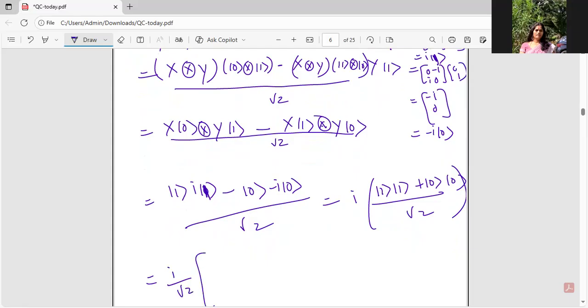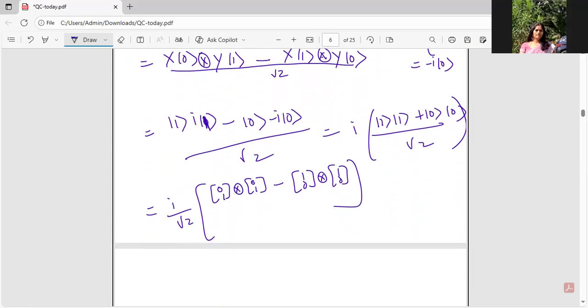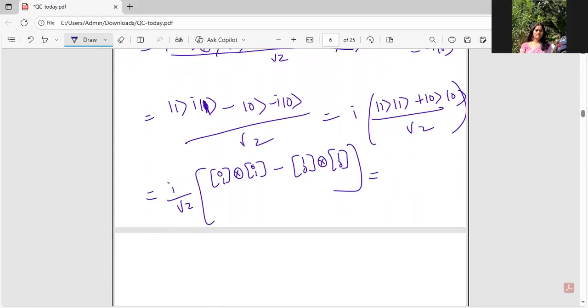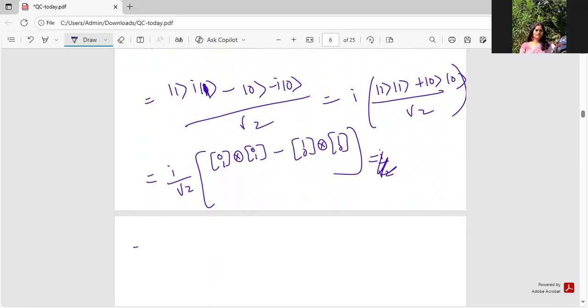Now ket 1 is 0 1, tensor product of 0 1, minus 1 0 tensor product 1 0.